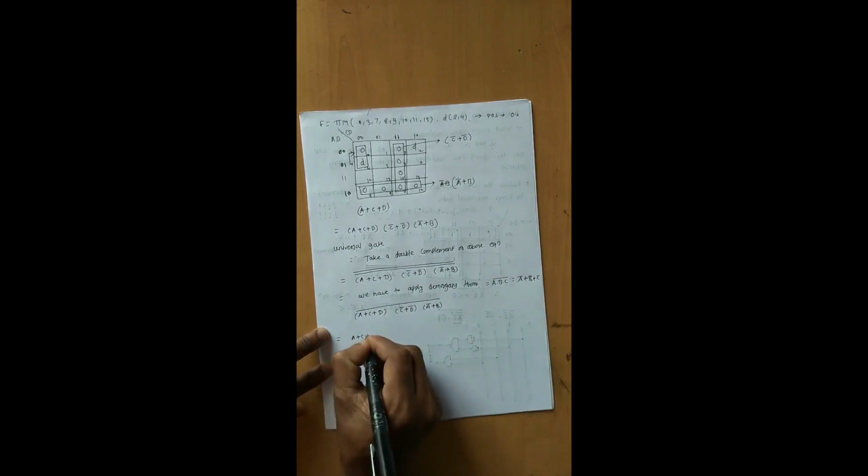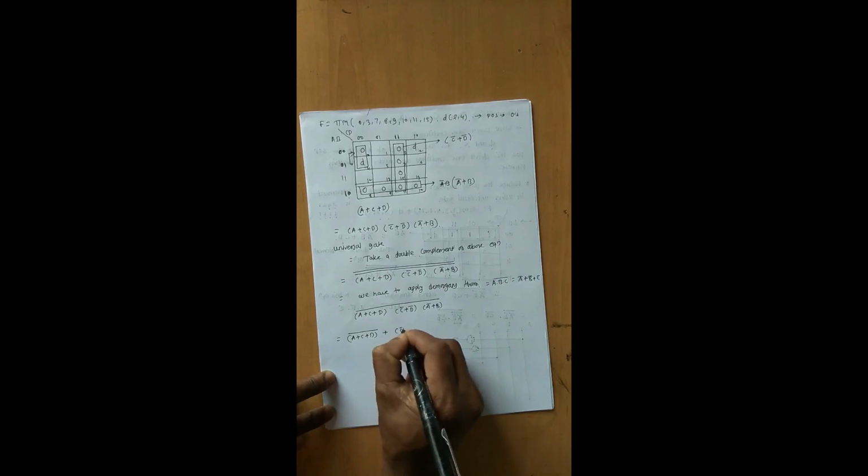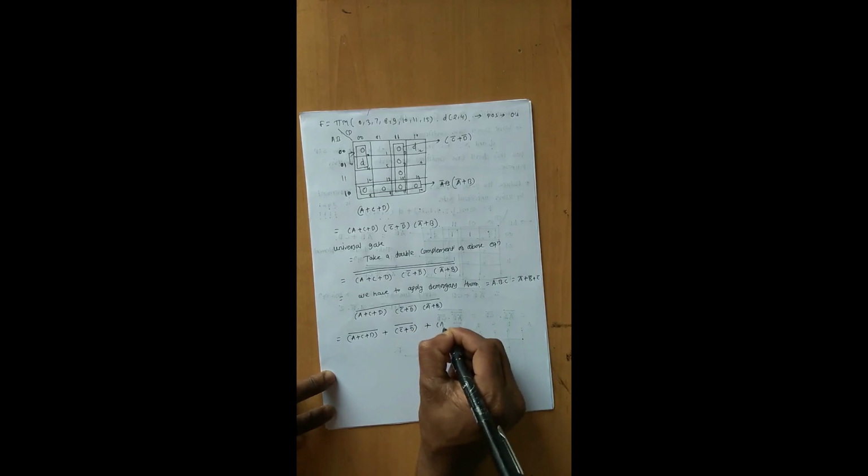So this equation becomes A plus C plus D whole bar plus C bar plus D bar whole bar plus A bar plus B, and its whole bar. Okay, and then the final complement as it is. And after that we have to implement it by using universal gates.